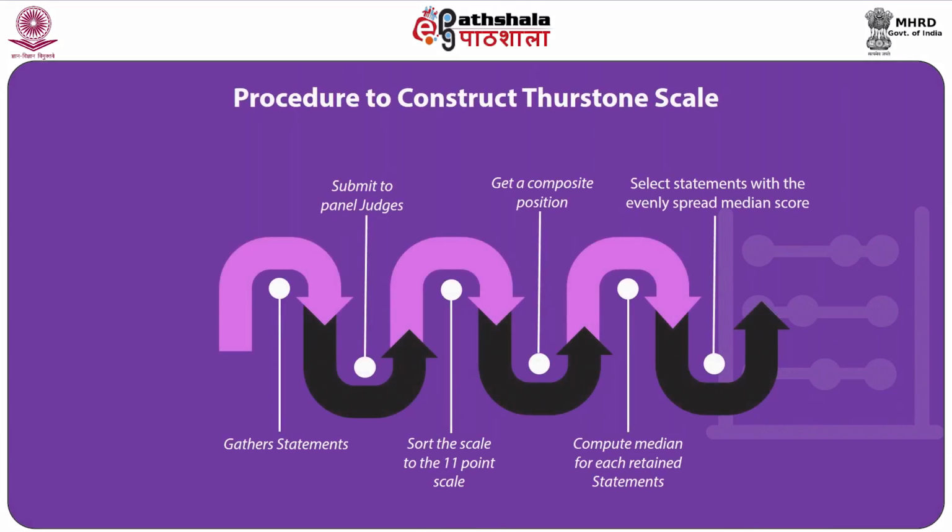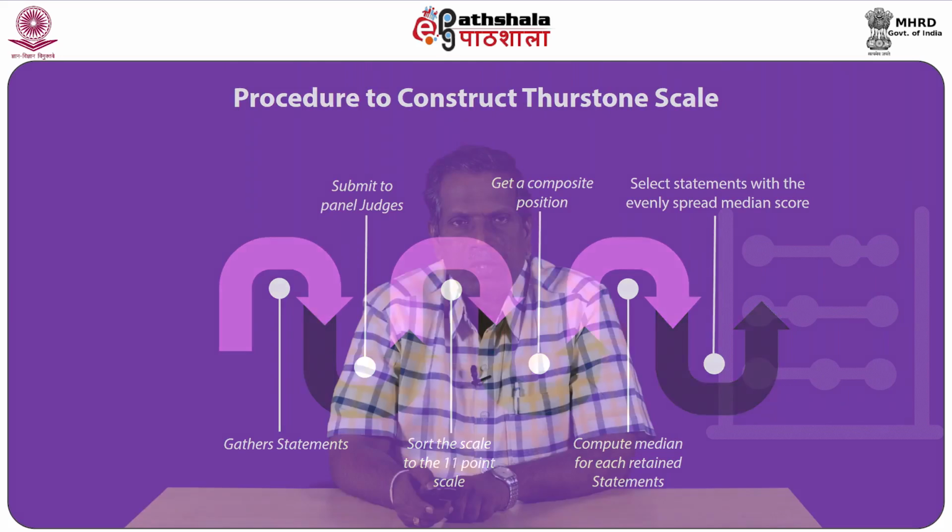Firstly, the researcher gathers a large number of statements, usually 20 or more, which express various points of view toward a group, institution, idea or practice, that is, statements belonging to the topic area.